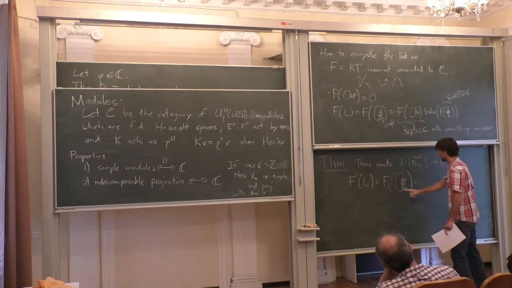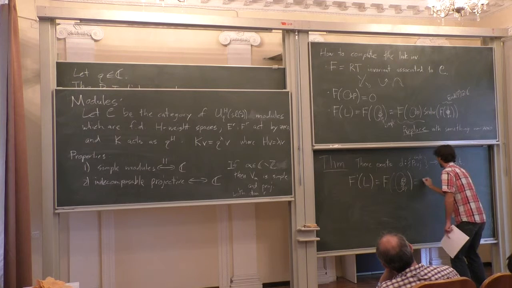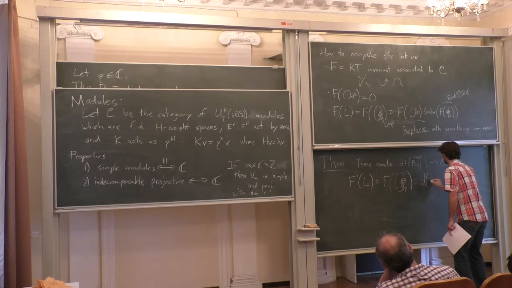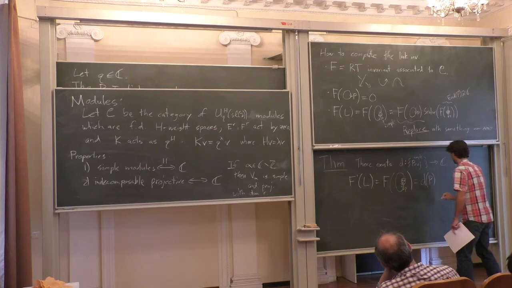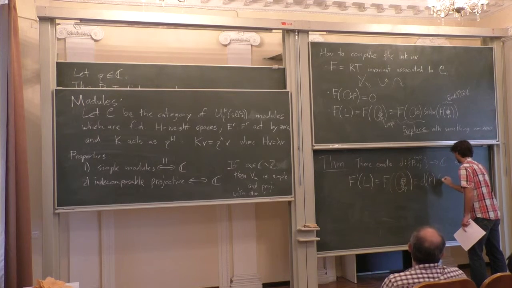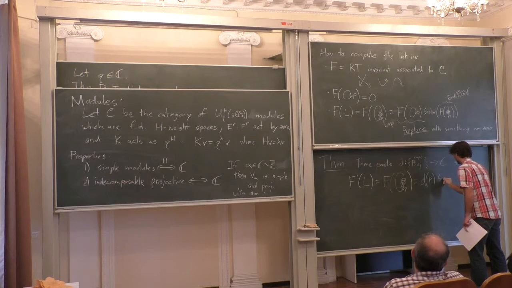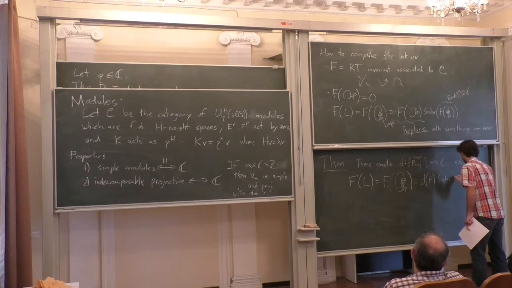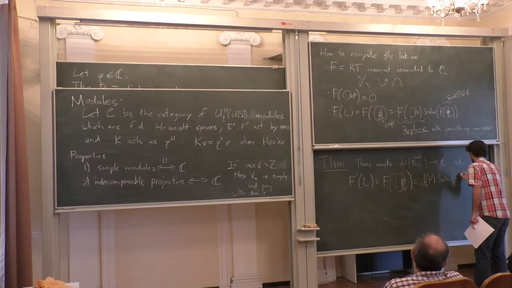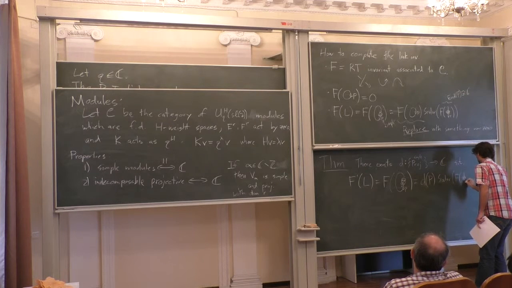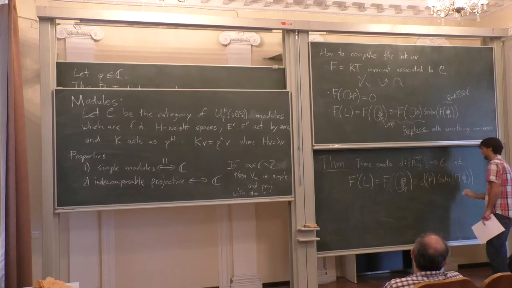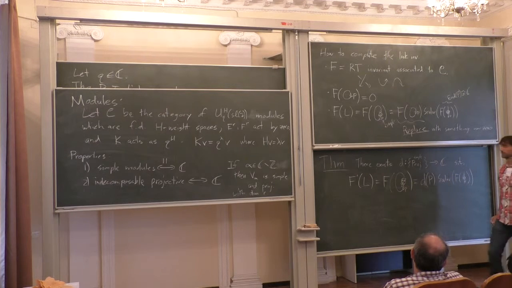And now I can cut here, and when I cut here, I put D of P. And then I take the scalar corresponding to f of this part, and this is a well-defined invariant.